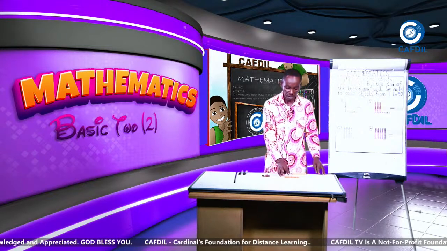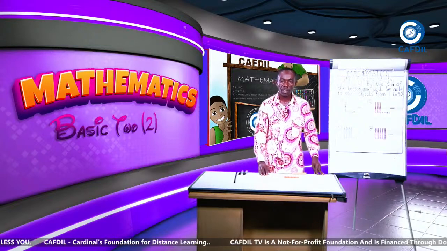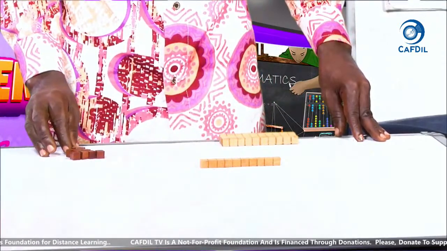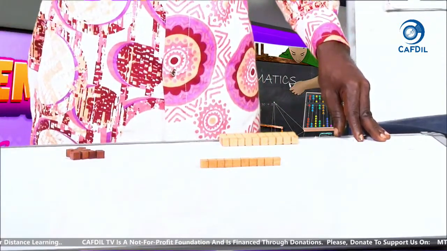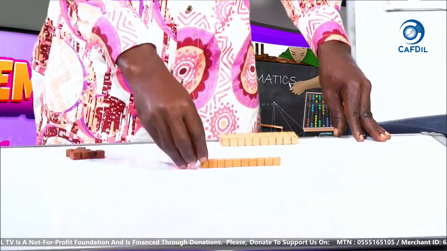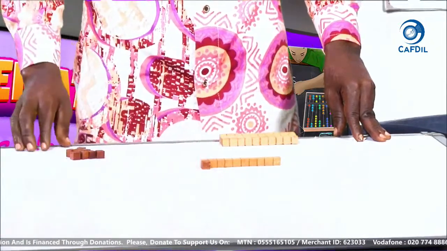Now I have one long which shows 10. Let's continue counting. This is just one unit or one cube. I'm adding it to the 10, so I have 11.